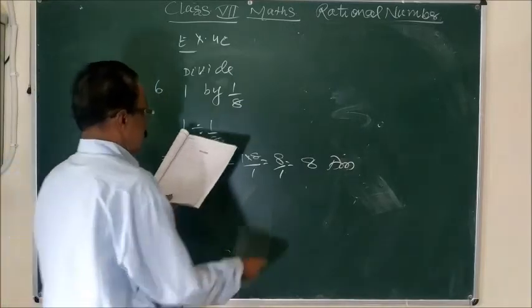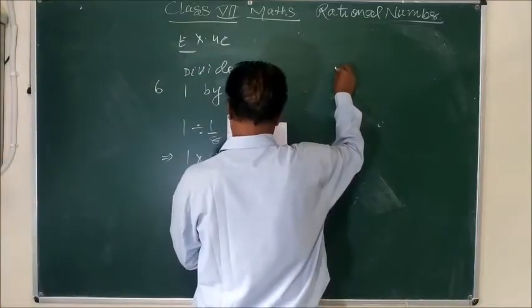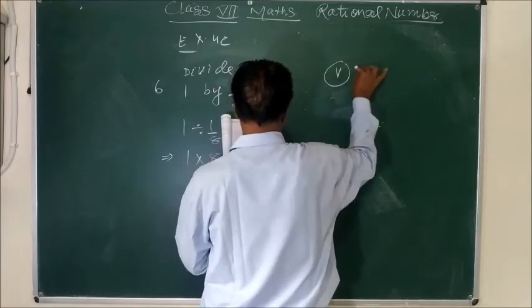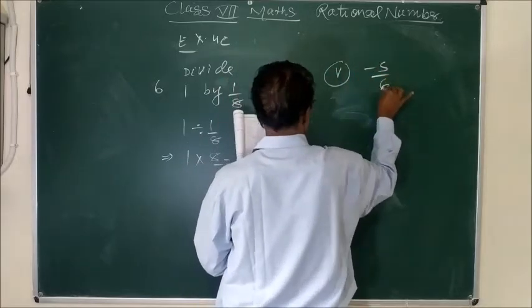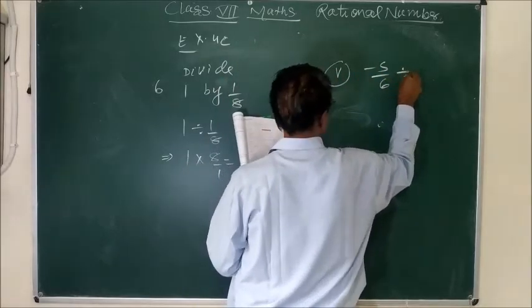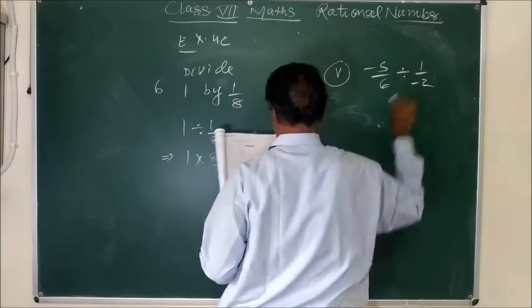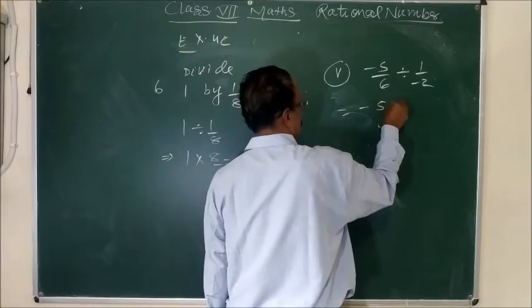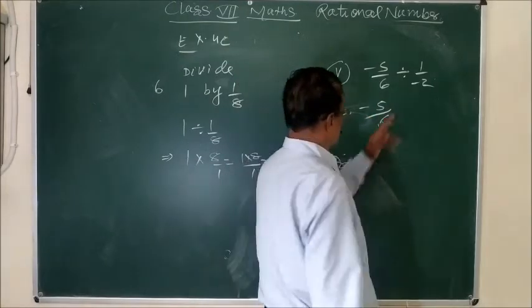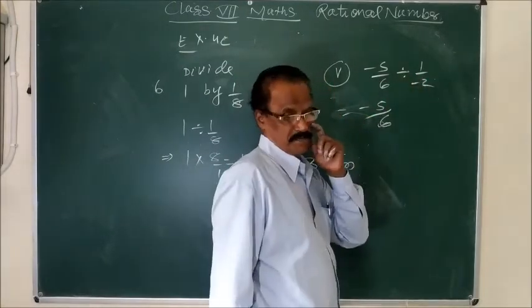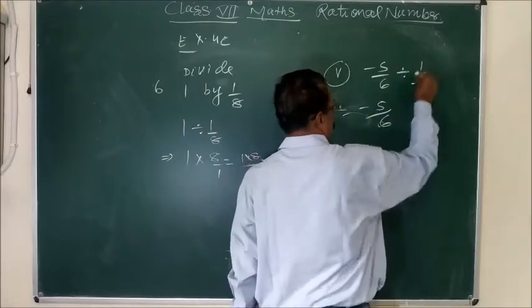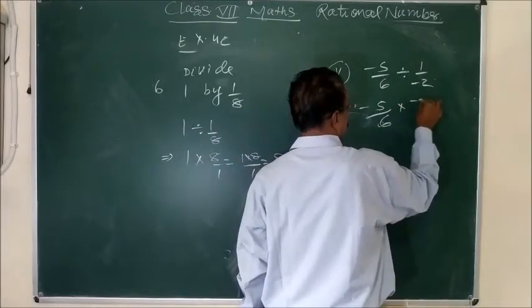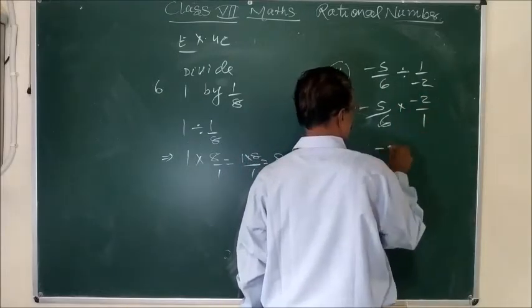So now you see one more question, question number 5. Minus 5 by 6 divided by 1 by minus 2. Now you see minus 5 by 6 and the reciprocal of this is minus 2 by 1. So this is minus 5 by 6 into minus 2 by 1.